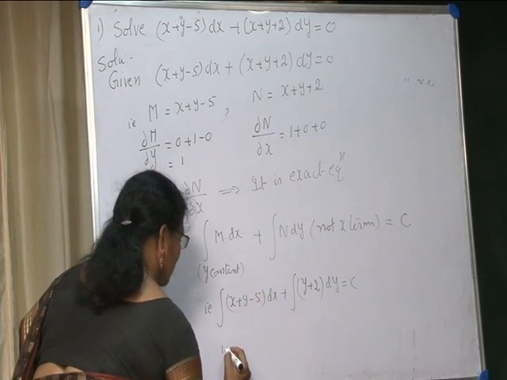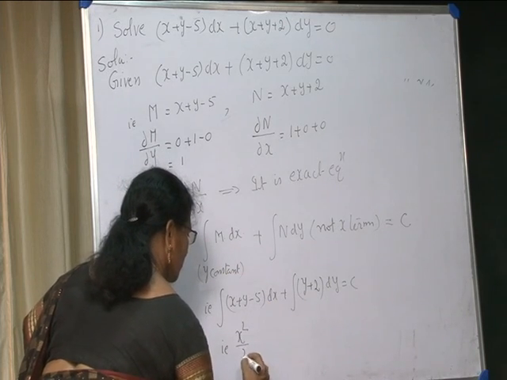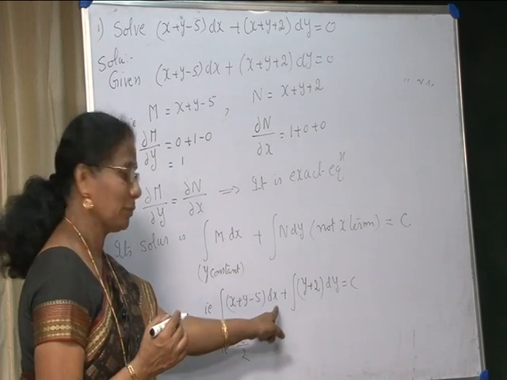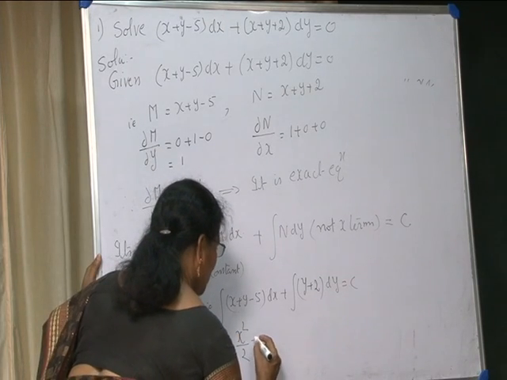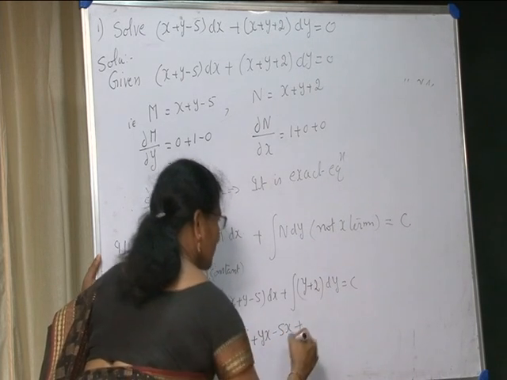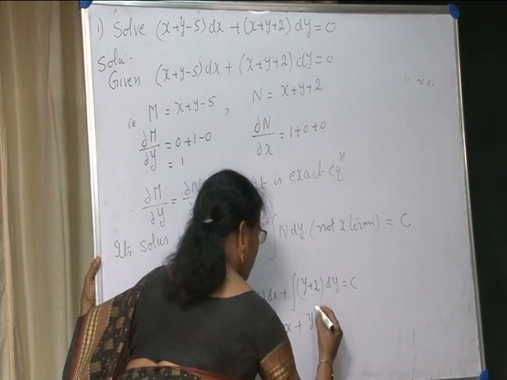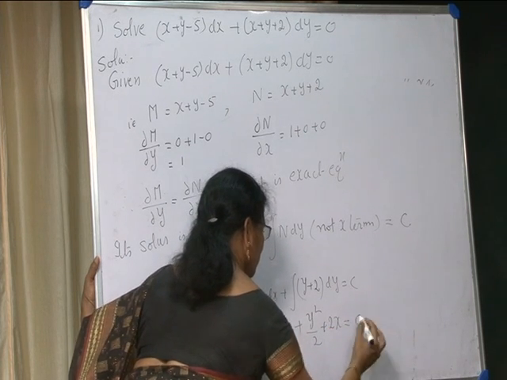That is integration of x with respect to x, x squared by 2; integration of y with respect to x, we take y as a constant. Therefore, plus yx minus 5x plus y squared by 2 plus 2y is equal to c.